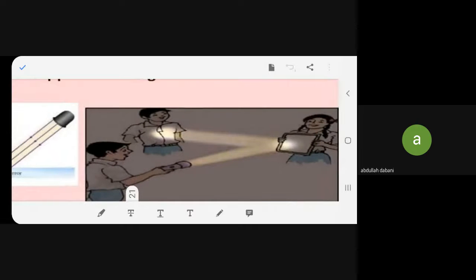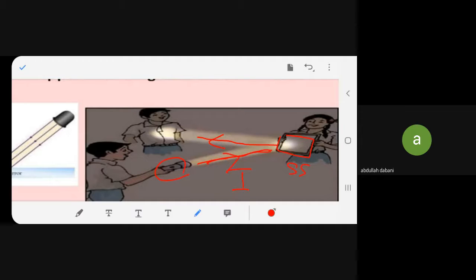See, now they are playing. One is holding the torch. So what is this ray called, beta? Incident ray. And she is holding a mirror. That's a glass, right? Or a smooth surface. You agree? This ray is what?